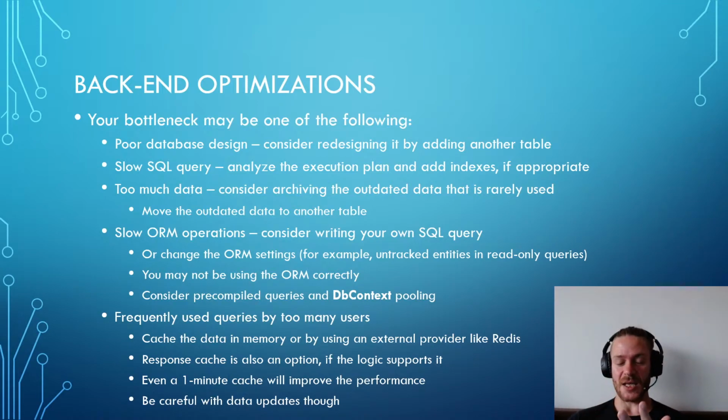So if that's the case, you can archive all the deleted entries in a separate table. This will allow you to have only the data that is actually important for your app available and nothing else.